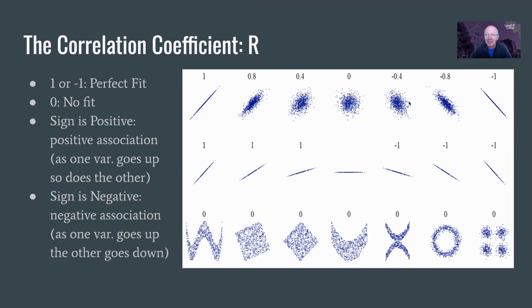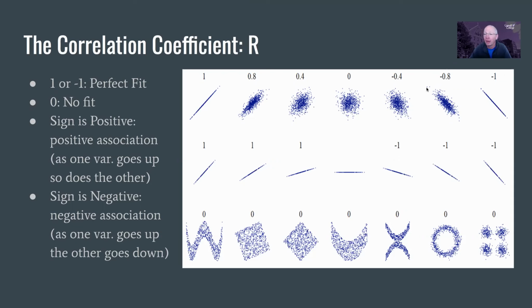Now if the sign is positive, then there's a positive association. So like this one, I've got a correlation coefficient of 0.8. So I could draw a line with a positive slope going through this one. Correlation of 0.4, I've got a positive slope going through this one, but it's fairly weak. Correlation coefficient of -0.4, I would draw a line with a negative slope through this one.